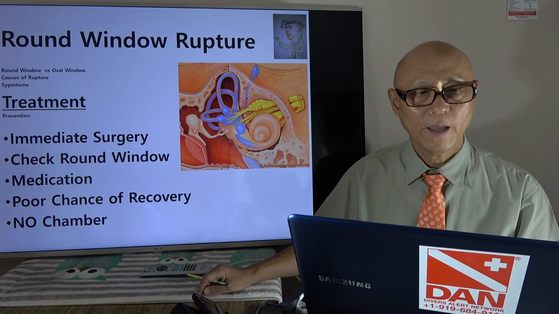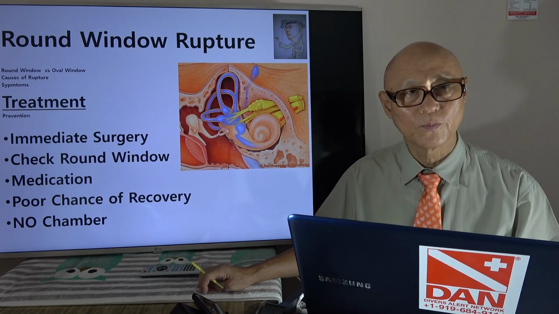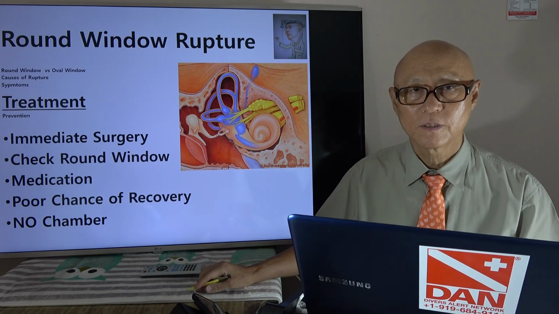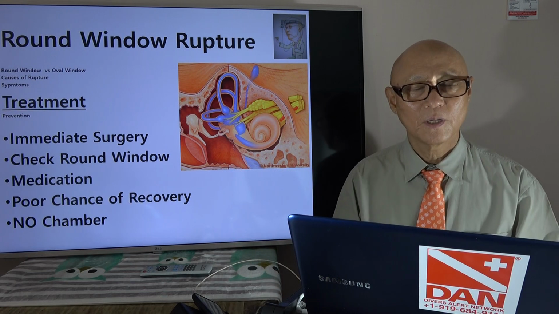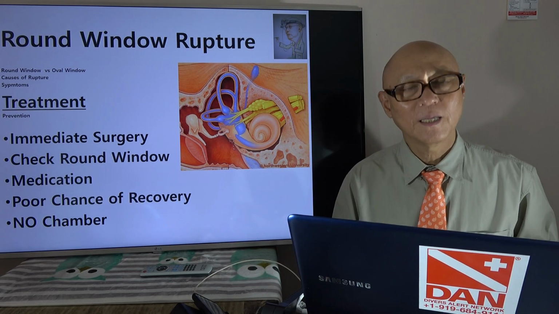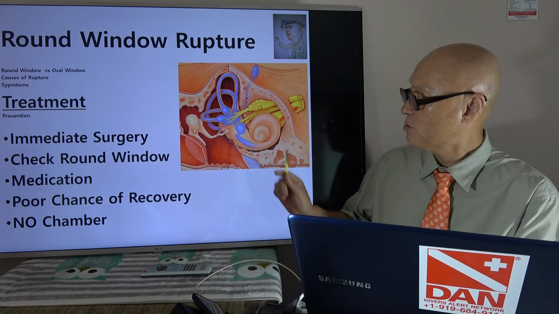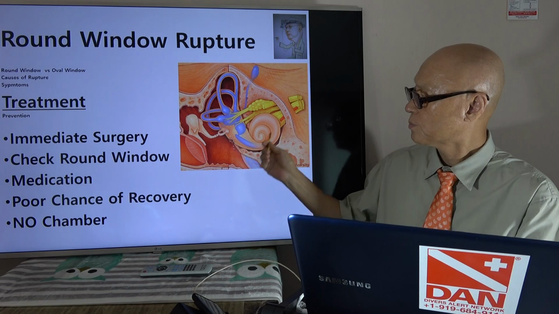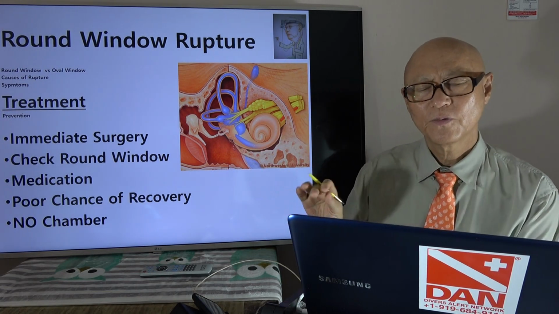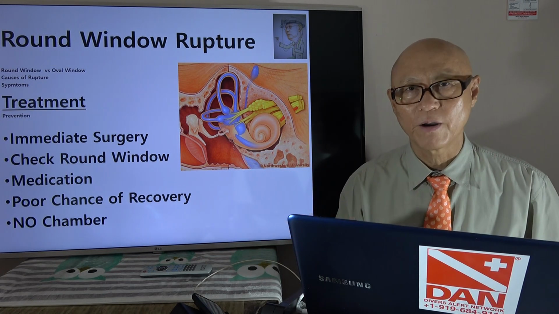I am an ENT surgeon too, but I'm not an otologist. But still, I personally don't really agree with a delayed operation. Once delayed, the inner ear structure here has very delicate structures like cilia hair cells.